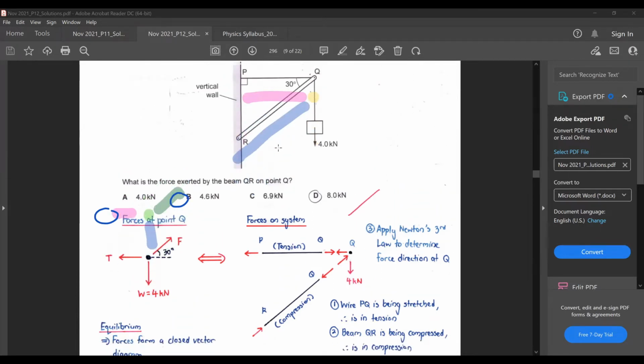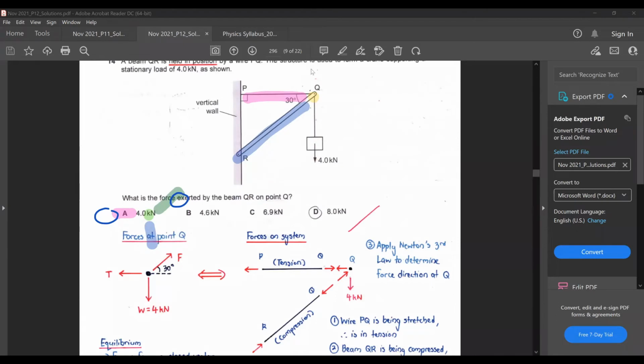Now, you can imagine when you apply a load here, the load will try to pull the cable apart. The cable obviously will be stretched. So I can say that the cable is actually under tension. So when the cable is under tension, the forces acting on the cable are these two forces here. These two forces are trying to pull apart the cable, so that it's under tension.